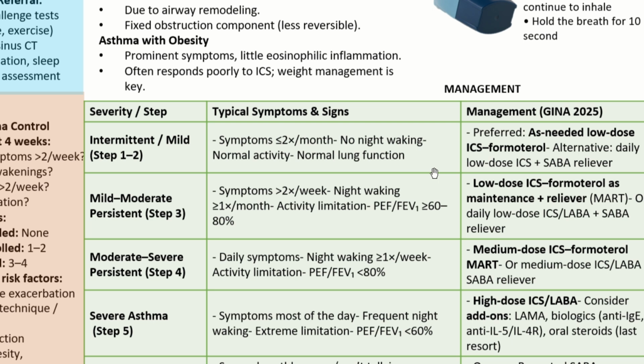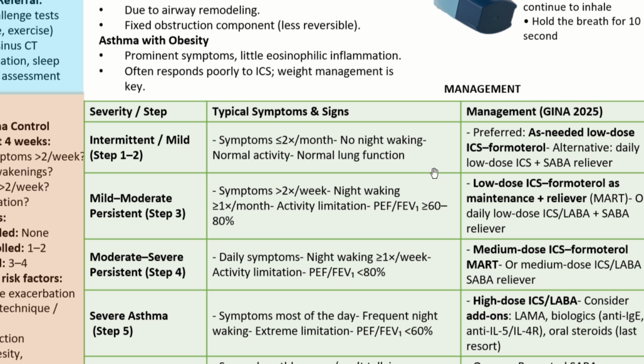Then when we go to step 2, this is where the patient actually has a bit more symptoms, we can decide to give them a reliever on a daily basis, a preventer on a daily basis. So you give them an inhaled corticosteroid with formoterol, and that is also preferred mostly.